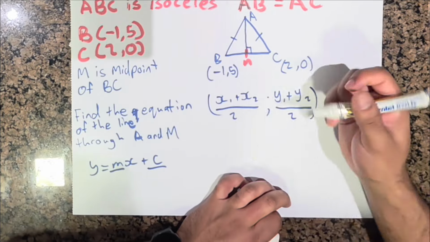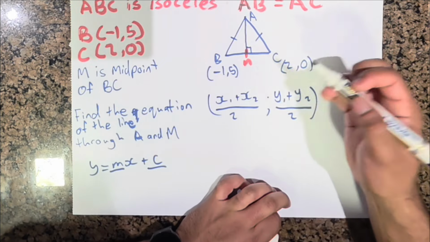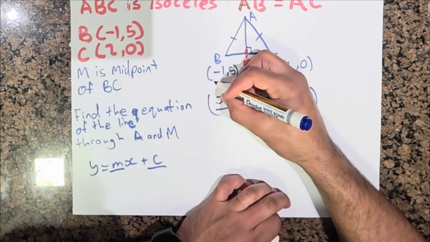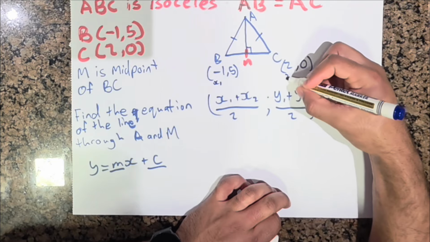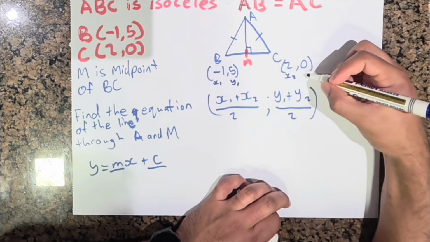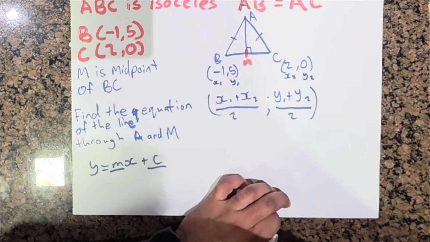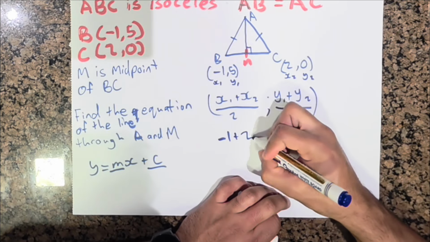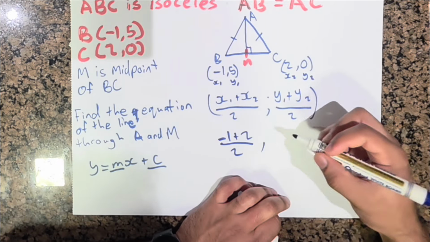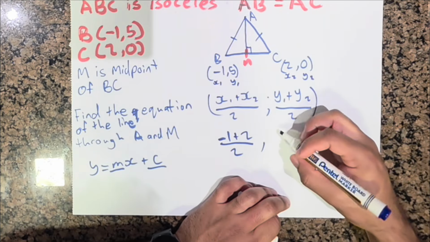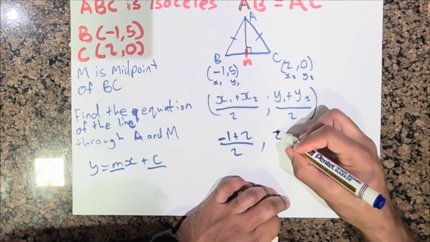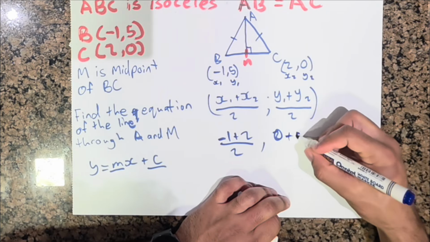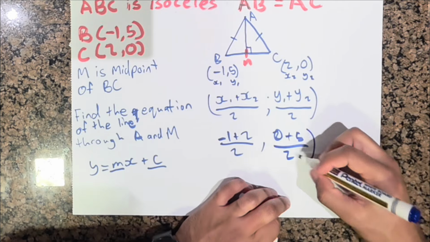So then let's put those values in. Let's make this x1, x2, y1, y2. So then we have -1 plus 2 over 2, and we have 0 and 5 over 2.